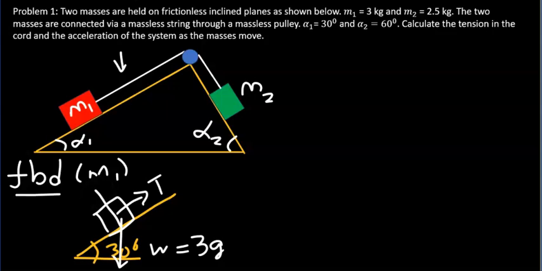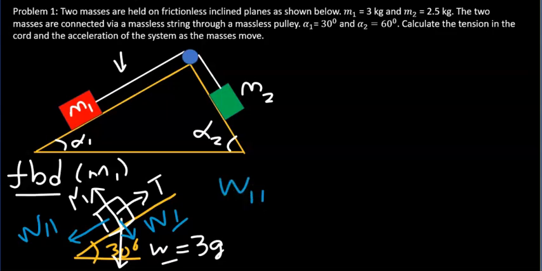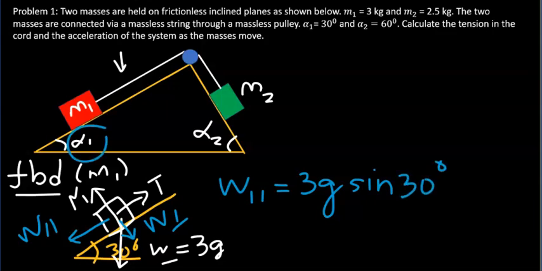You have the normal force from the plane, let's call it N1, and this weight has two components. There is the weight component parallel to the plane, and there is this weight component perpendicular to the plane. From our previous video, we have shown the component of weight along an inclined plane is given by the original weight, the entire weight that is, 3g, times the sine of the inclination angle, in this case alpha 1, which is 30 degrees.